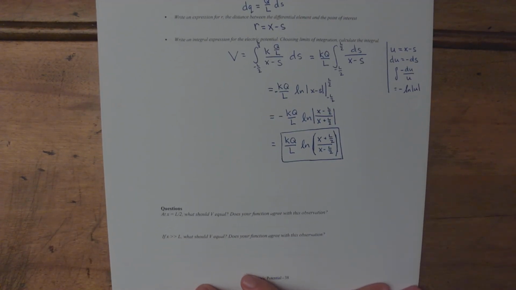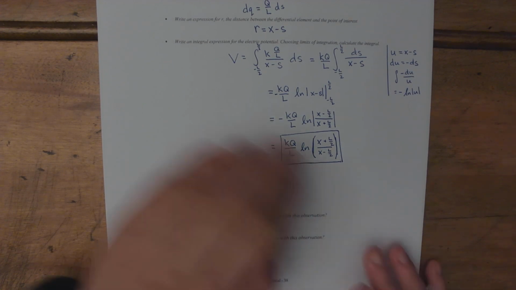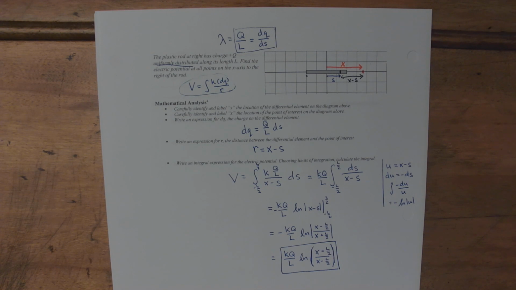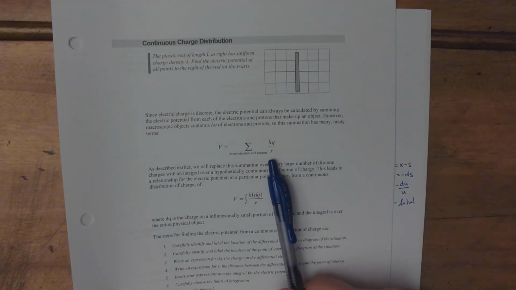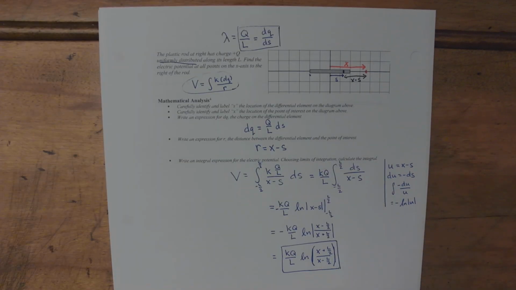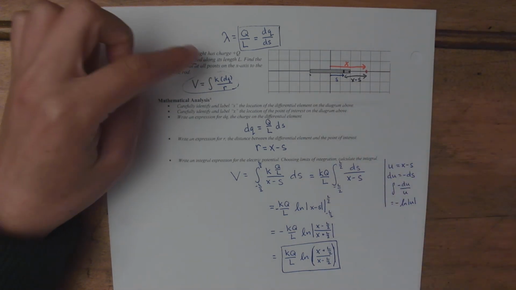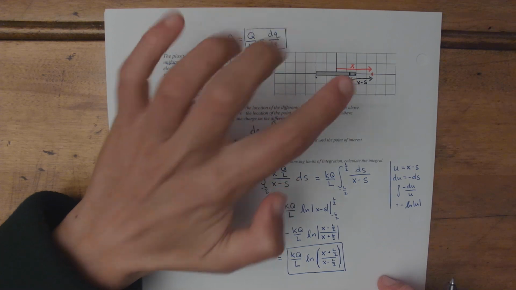At x is equal to L over 2, what should the potential be equal to? Well, remember that before we did the integral, we said you could find the potential by summing up the potential that you have for each individual charge. So right at the end of the rod here, you would have a positive charge. And what happens to the potential when you're right on top of a positive charge?